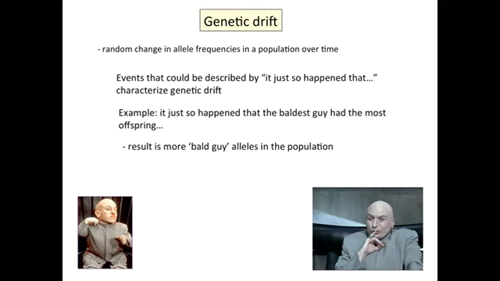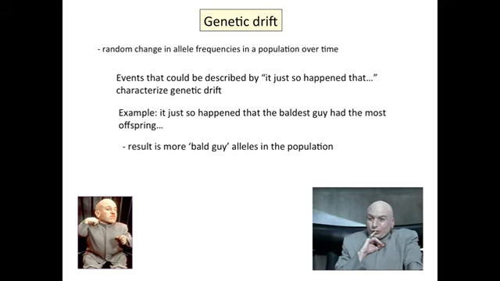Events that could be described by it just so happened that something happened that characterizes genetic drift. So here's an example. It just so happened that the baldest guy had the most offspring. And the consequence of this is there are more bald guy alleles in the population. Now, is baldness contributing in some way to the adaptive survival of the population and leading to more offspring?